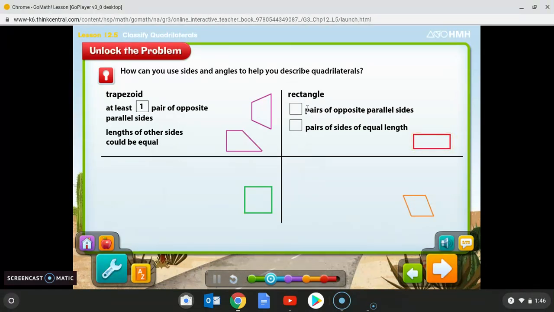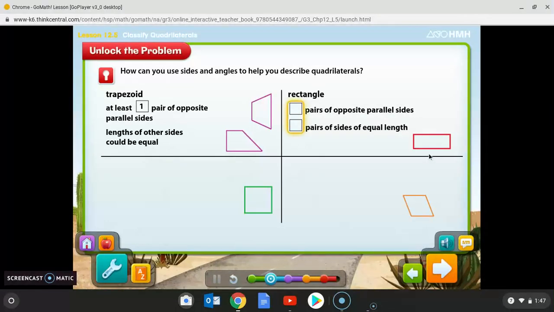So, a rectangle, I want you to know, has two pairs of opposite parallel sides. This side and this side will not cross. They're called parallel. This side and this side are opposites. They are also parallel. So I know that you know this is a rectangle, but now that you're in third grade and almost in fourth grade, we need to understand what parallel sides mean and pairs of equal length sides.